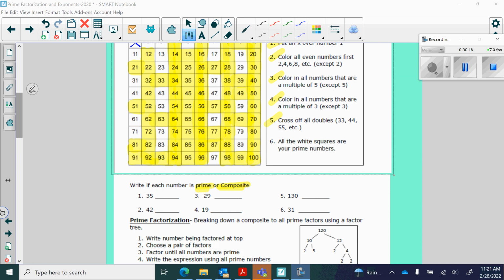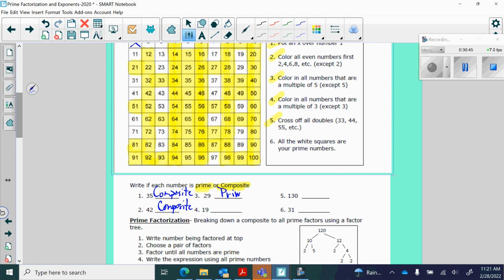Okay, this one should have been easy. 35. Can I divide that by 2? 3? 5? Yes. As soon as I say yes, it's composite. Number 2, 42. Can I divide by 2? Composite. Number 3, 29. Can I divide that by 2? 3? 5? 7?